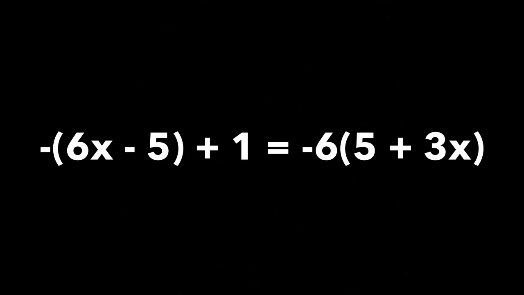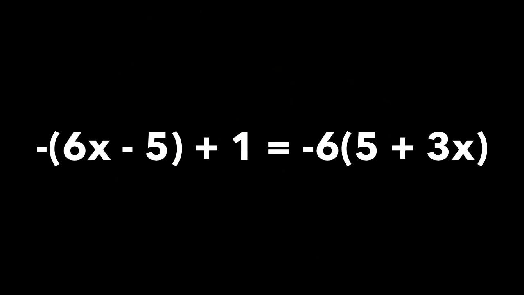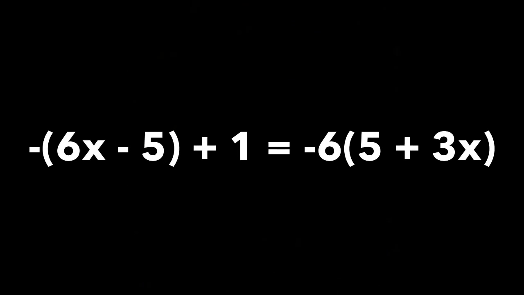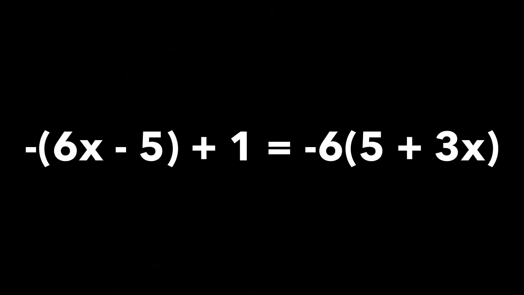Equation 7. Negative, parentheses 6x minus 5, parentheses, plus 1 is equal to negative 6, parentheses 5 plus 3x. Multiply both sides of the parentheses by what's outside. Negative times 6x is negative 6x, and negative times negative 5 is plus 5.